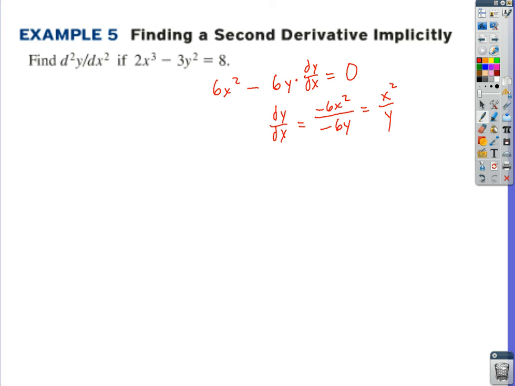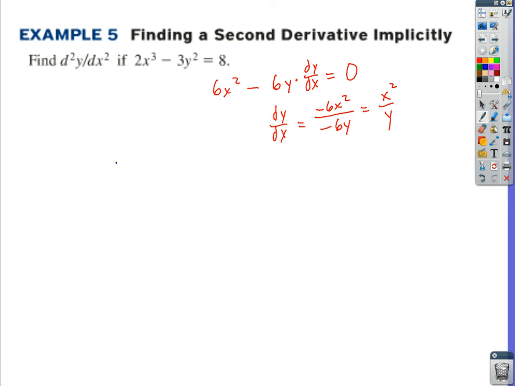Last part of this is now I want to find the second derivative. This is where I start off by saying it's going to be low d high minus high d low, all over low squared, right?